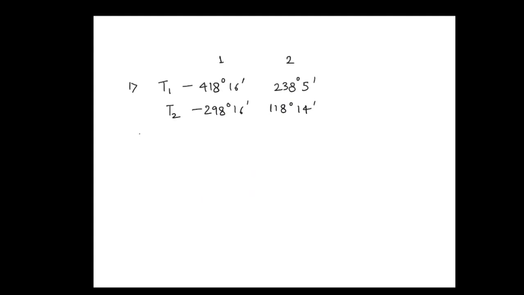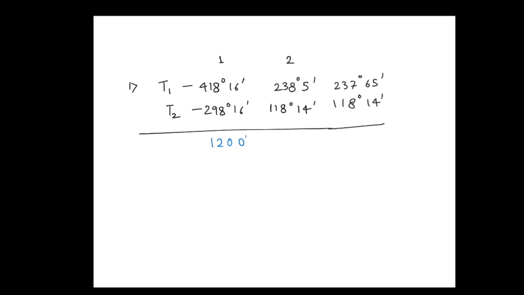Here, now this minus this, let's calculate: 0 minutes, and for degrees 0 to 120 degrees, and for the second one, here also you have 5. So we will take a carry. For that we can rewrite this as, from this 1 degree take out 60 minutes, so it will become 237 degrees and 65 minutes. Now we can subtract from here 180 degrees and 14 minutes.